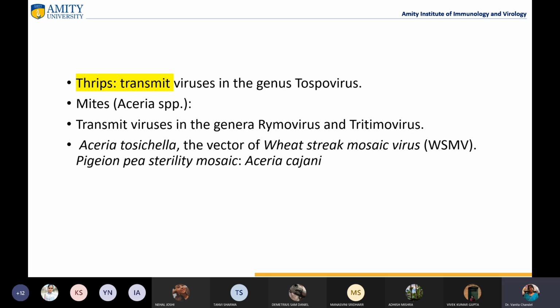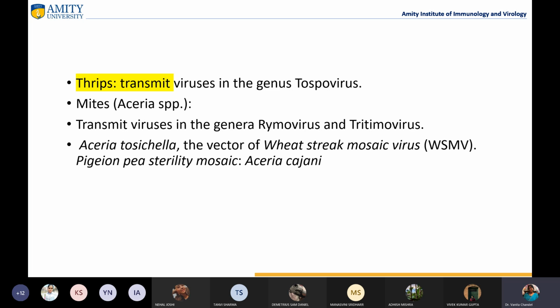When we talk about changes or mutations in viruses, we always say that it is not very good for humans also. Similarly, vectors are the main source of virus transmission in plants.